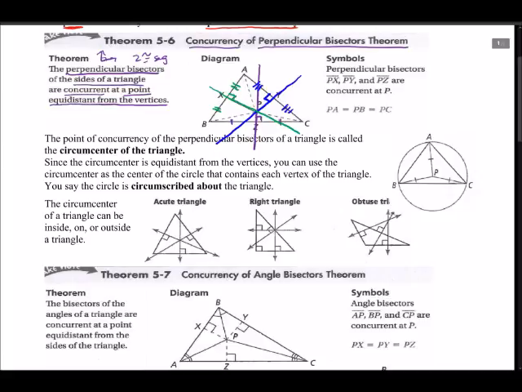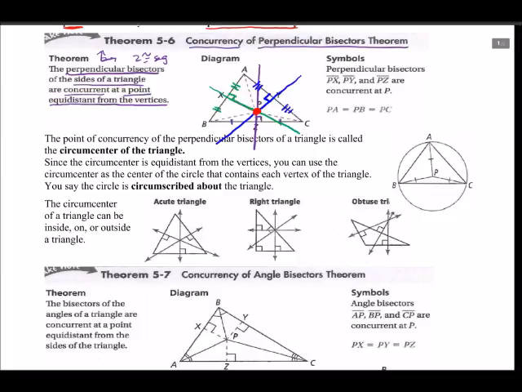So this is the requirement. The perpendicular bisectors of the sides of a triangle. So these are our perpendicular bisectors of the sides of our triangle. And then it says they are concurrent. That means where they intersect, three or more lines intersect, they are concurrent at a point. Right there, do you see where they all intersect?